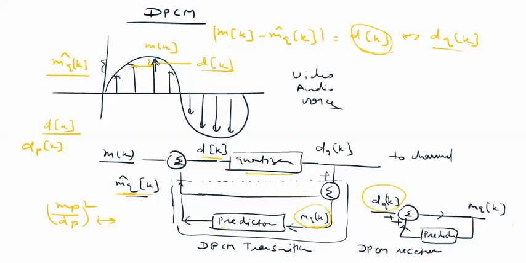A particular case of DPCM, which is delta modulation, is very useful for us. The particular case of 1 bit DPCM is known as delta modulation.